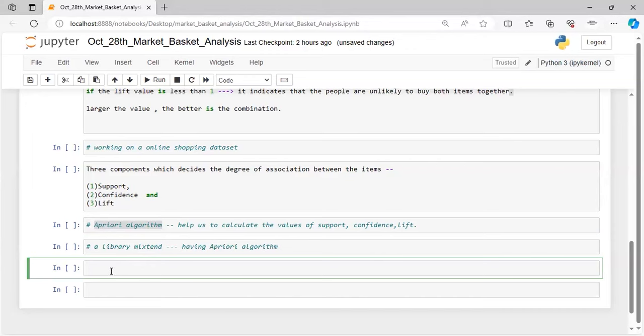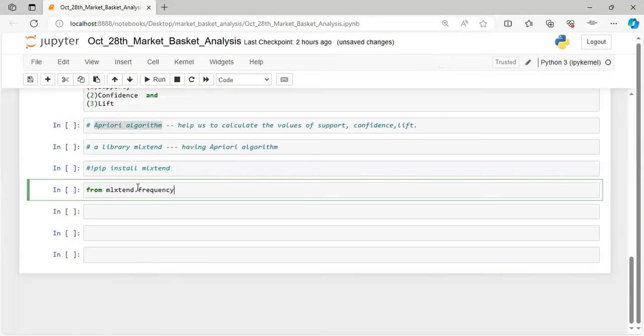So just install it, then we can import it: from mlxtend.frequent_patterns import apriori.